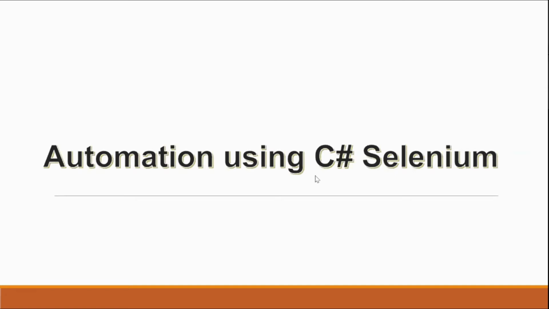To become a manual tester, we don't need to learn any programming languages or tools. Coming to automation, it's quite different from manual. Whatever we are doing in manual, we are automating that using C Sharp or some code. That's the basic difference.